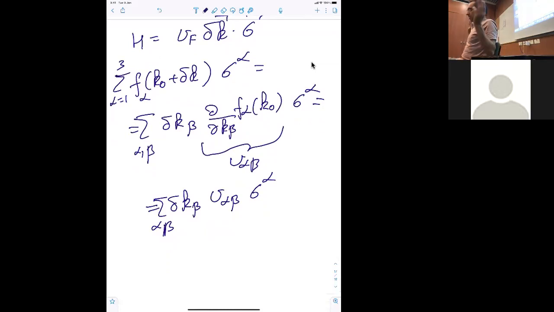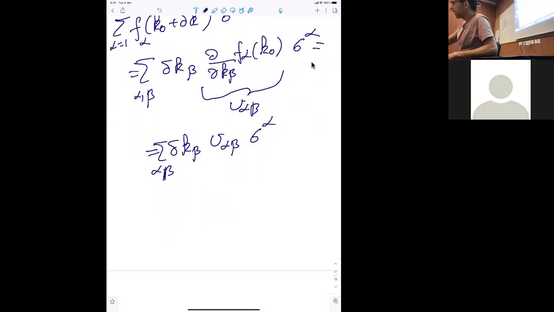Now let's assume that we can find a basis where this matrix is diagonal. It will be Vx, Vy, and Vz. Let's rescale all the k's such that they make all these velocities the same.